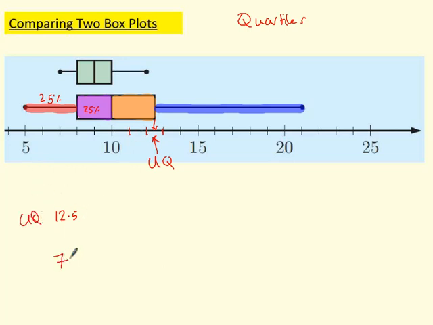That means 75% of the population were below 12.5, or less than or equal to 12.5, in this test, and 25% of the population are above or equal to 12.5. These inequalities don't matter too much. So 75% of the population are below the upper quartile and 25% are above it. It's a really good indication of the spread of the data.